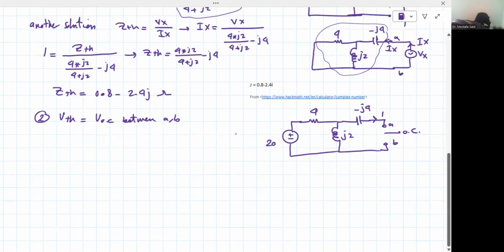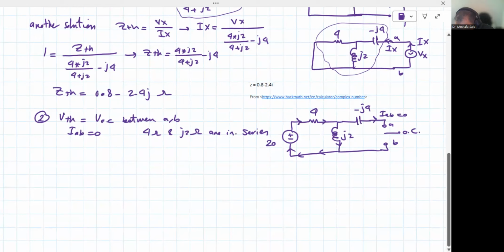So the current IAB is equal to 0. That means the current that comes out of the 20-volt source just goes like that. So basically the 4 ohms and j2 ohms are in series.